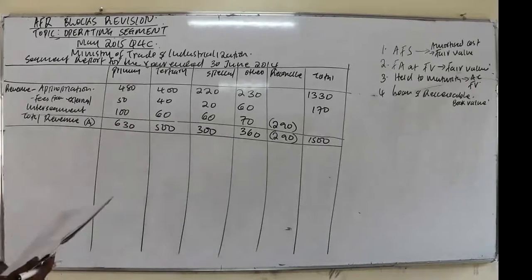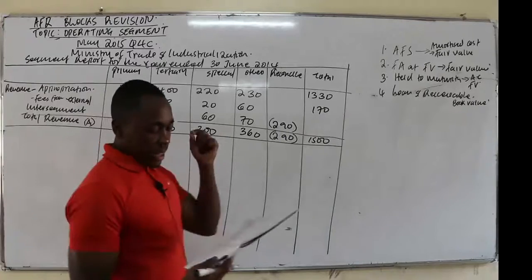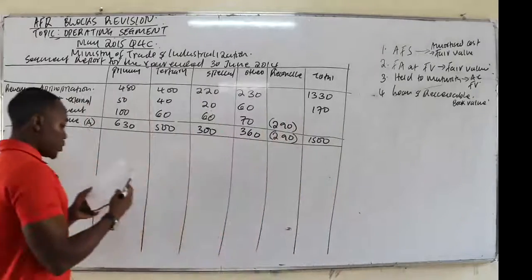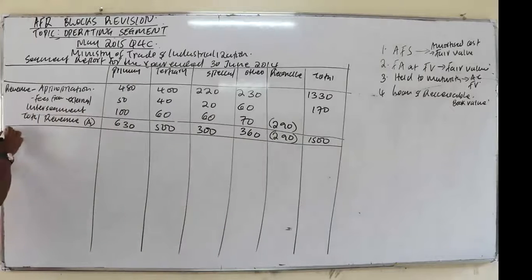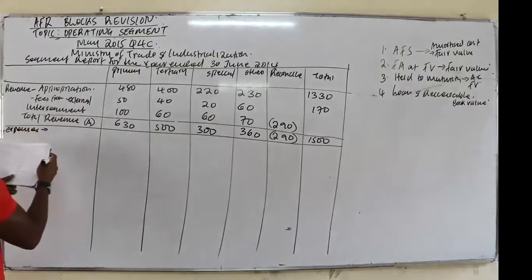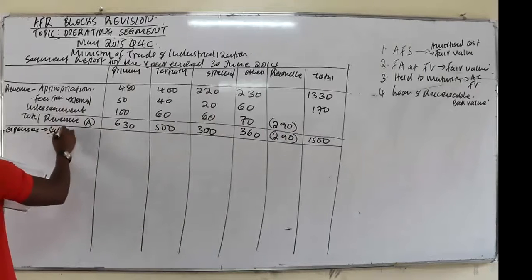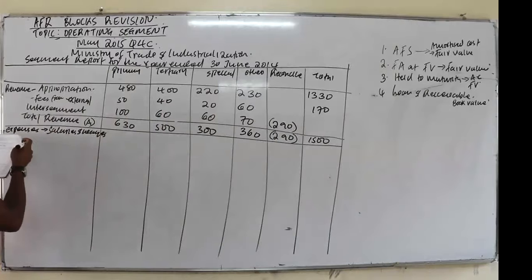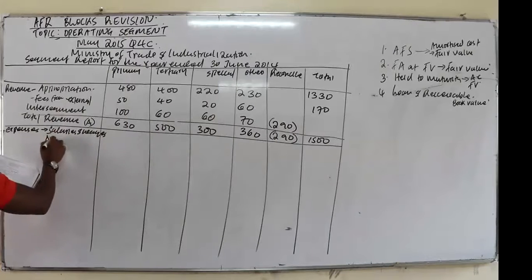Then, once we have the revenue, you have also to report the profit. Do you have the profit? So in this case, you're not given the profit, but you can get the profit since you are given the segment expenses. So let's go to the expenses. For the expenses, we have salaries and wages. Then we also have depreciation.